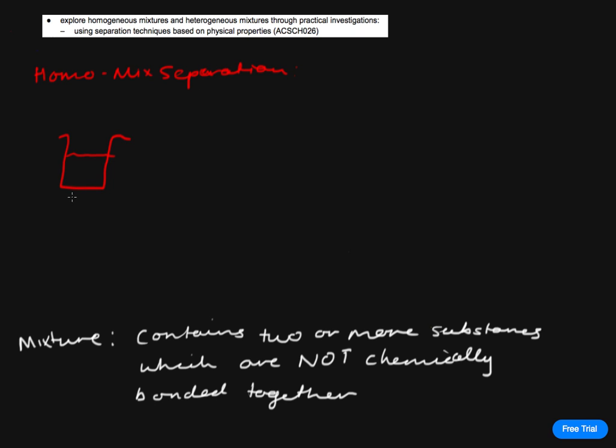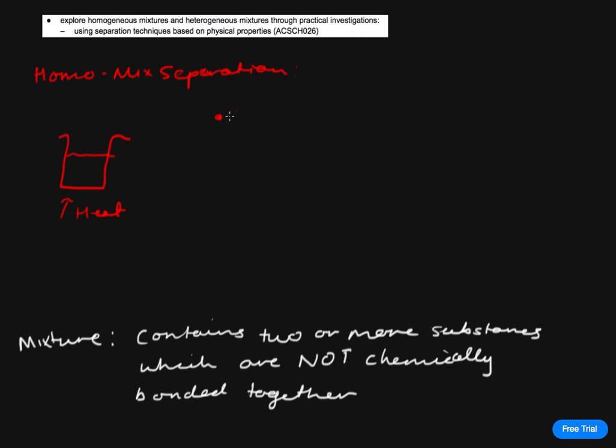So I'm going to apply some heat to this mixture, and what should happen is the liquid with the lowest boiling point, that boils at the lowest temperature, will evaporate and separate from the mixture. So let's make a little list for ourselves.